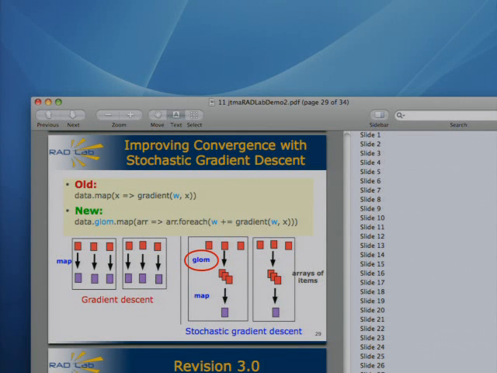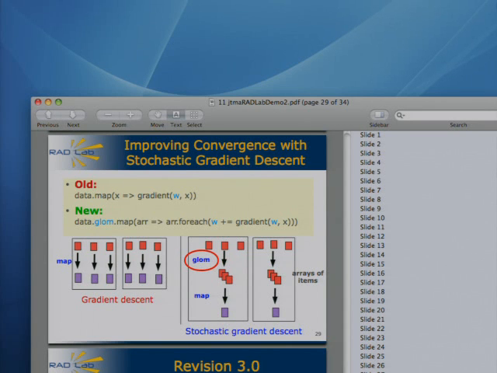You've got a single data item. You compute the gradient based on the previous weight vector that you had before. The new code, what happens is you've got individual data items. You glom them together into subsets, into chunks. And then through each chunk here, you iterate. And as you can see, you're computing a gradient based on the previous value of the weight vector, but you're feeding that back into the weight vector itself as you're computing it.